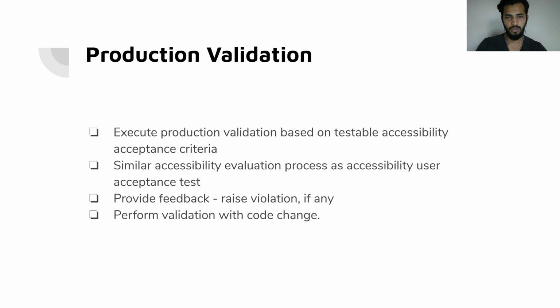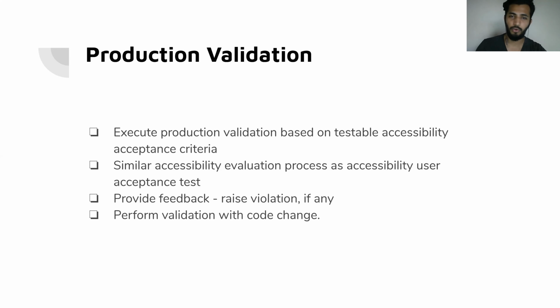Now, let's move to the next slide, where we'll talk about production validation and what we can do as an accessibility engineer at the production validation stage. It's pretty much the same as UAT. We just have to make sure that the user acceptance test we performed for the developed feature has not changed for the product that's out there in production.